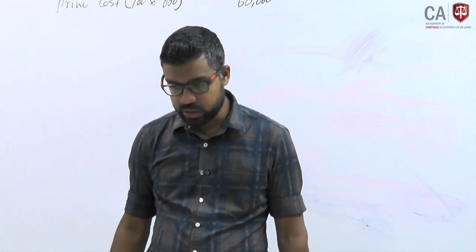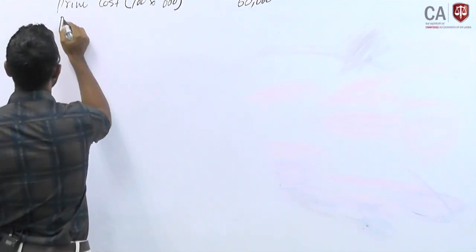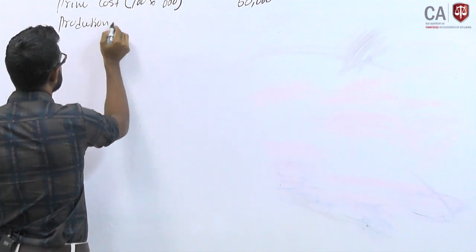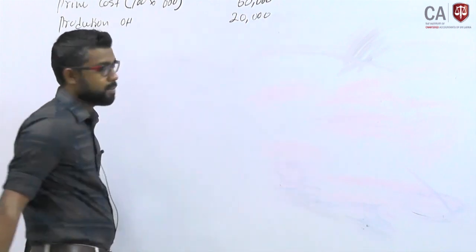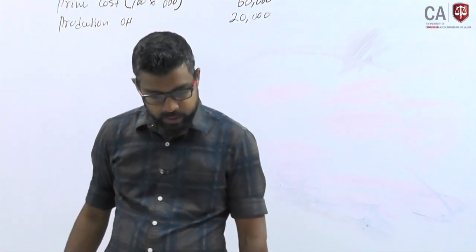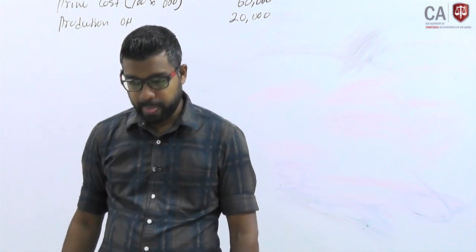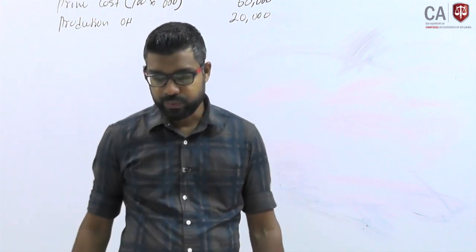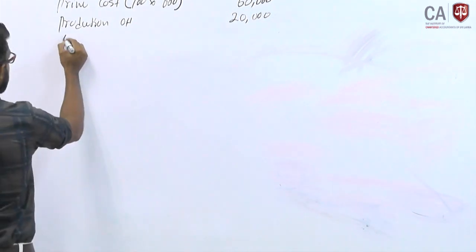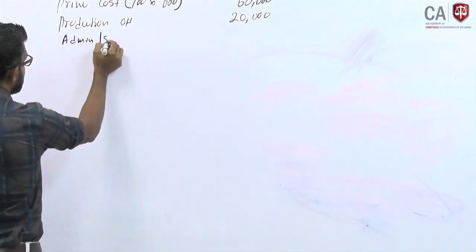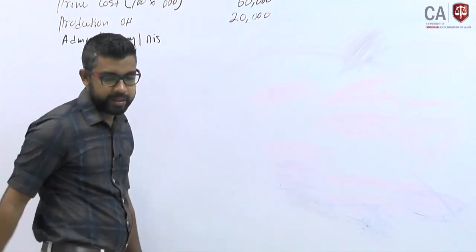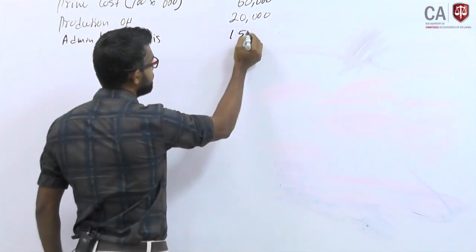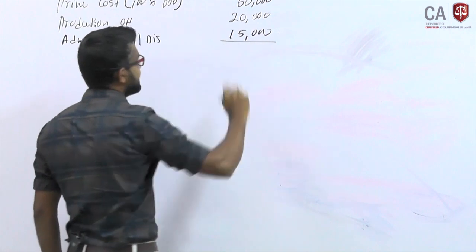And admin, selling and distribution overhead cost 15,000 per week. 60,000 plus 20,000, 80,000, plus 15,000, 95,000.